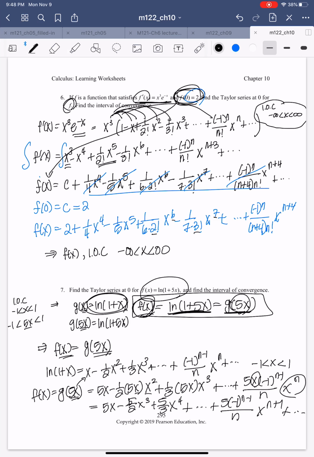So we end up having the interval of convergence as negative 1 over 5 to 1 over 5. Okay. So for f of x, the interval of convergence is negative 1 over 5 to positive 1 over 5.